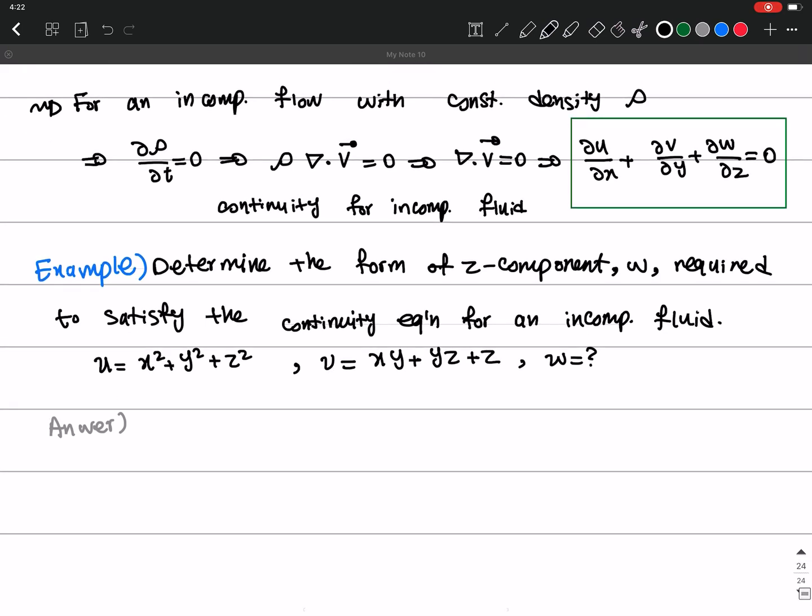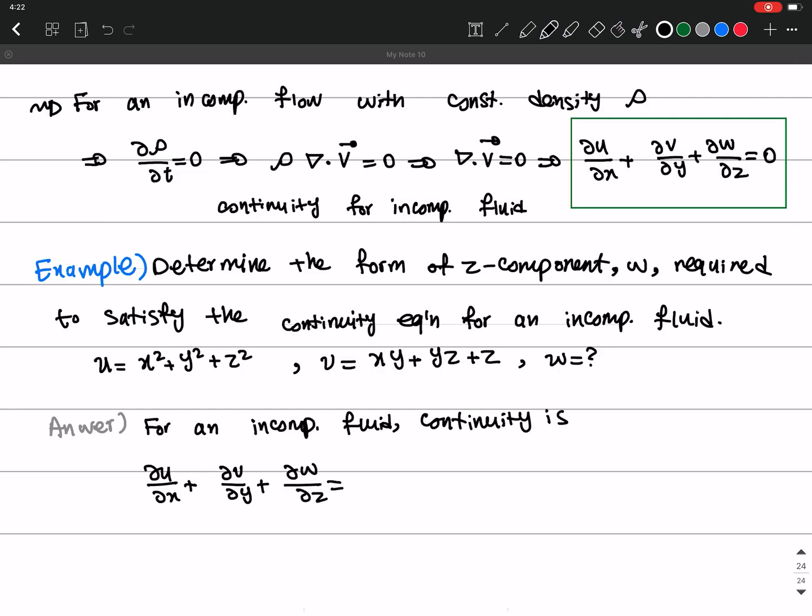Okay, so now let me get started with this. For an incompressible flow, continuity is partial u over partial x plus partial v over partial y plus partial w over partial z equals 0. And now let's calculate this. What is partial u over partial x from this equation?